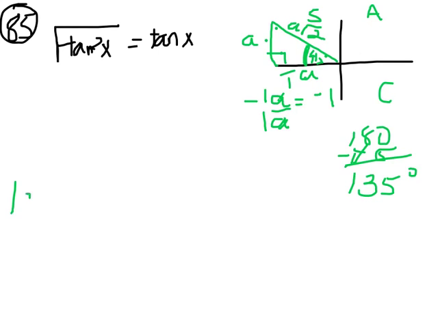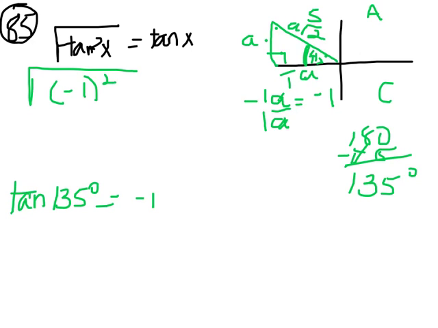It is negative 1. But what would happen if I put the square root of tangent squared x? Well, if I took this negative 1 and squared it, I'd get the square root of 1. And when they don't put the plus or minus in front of it for you, in trig you're not allowed to do that unless you're doing something like we did a while ago where we were looking at a certain angle in a certain quadrant.